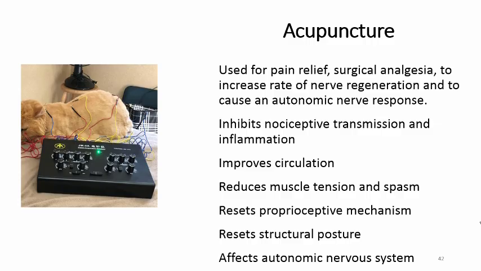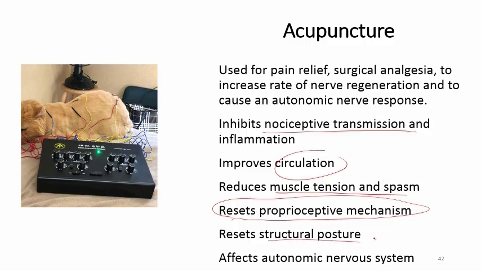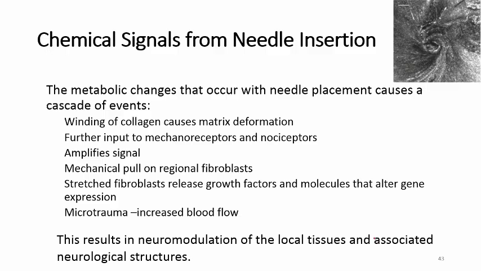So what else is it going to do? Well, it's going to improve circulation, inhibit nociceptive transmission, so it decreases pain, and reduces muscle tension and spasm. And this is the big deal: it helps to reset the proprioceptive mechanism and helps reset structural posture, and it's going to affect the autonomic nervous system. So the chemical signals that we get from needle insertion. We have metabolic changes that happen when the needle goes in.